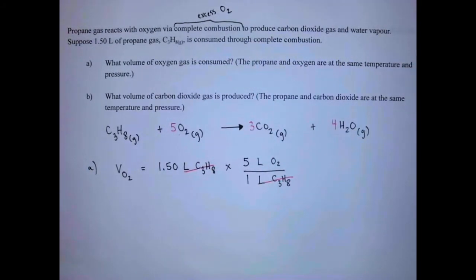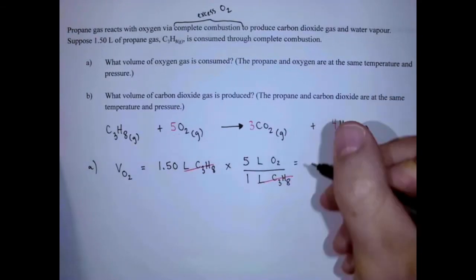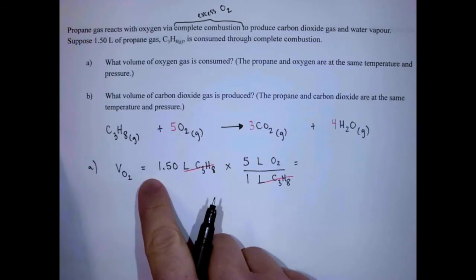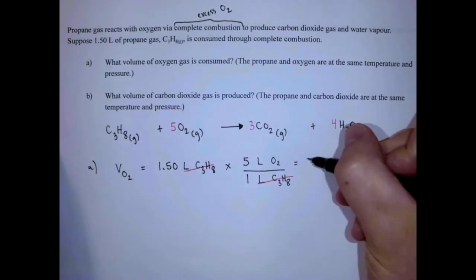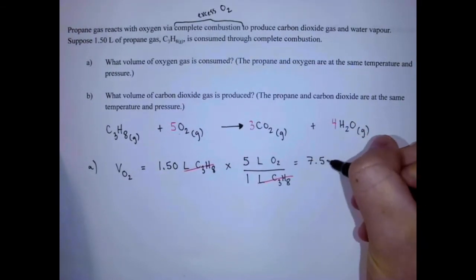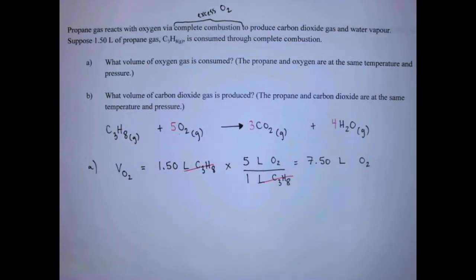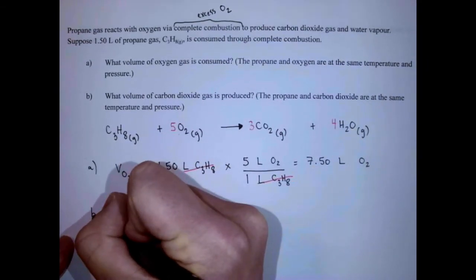And my final unit will be liters of O2, which is what I'm looking for. I'm looking for a volume of O2. So what do I do here? I do 1.5 times 5, which gives me 7.5 liters of O2. There you go. When you consume 1.5 liters of propane from the propane tank, this requires 7.5 liters of O2 to be consumed. All right, follow-up question.